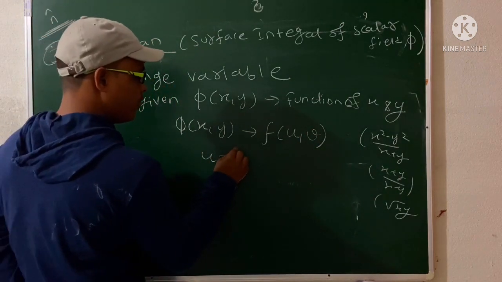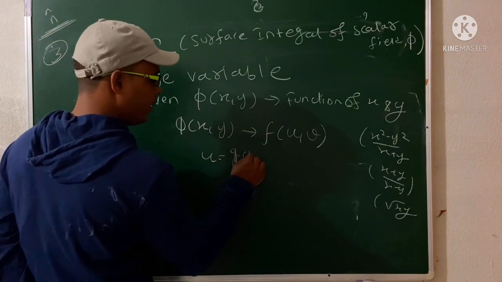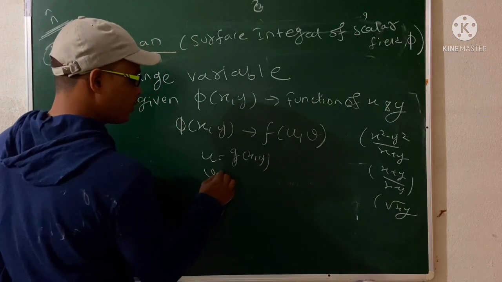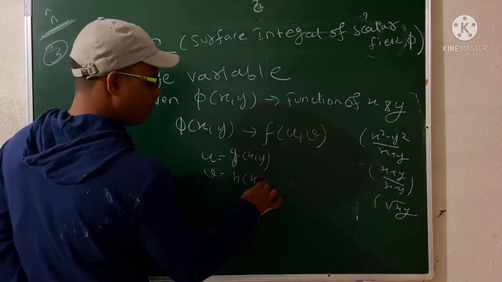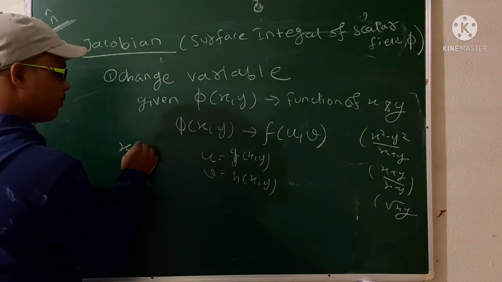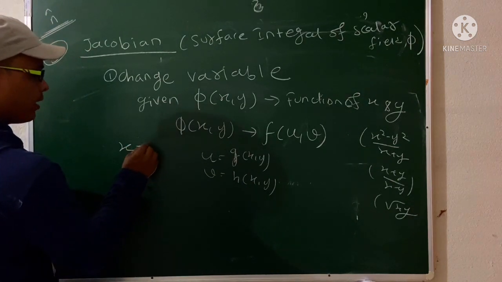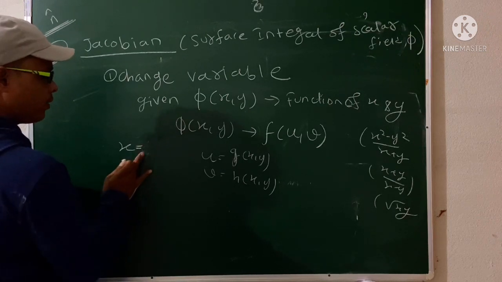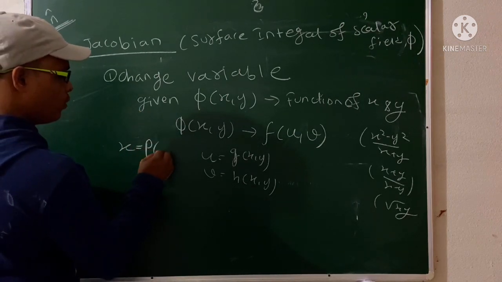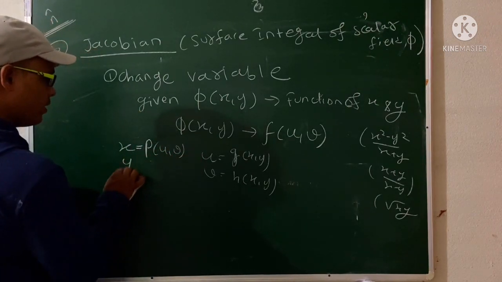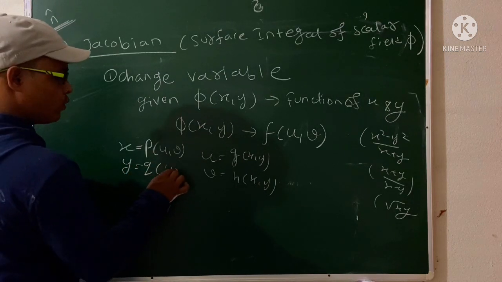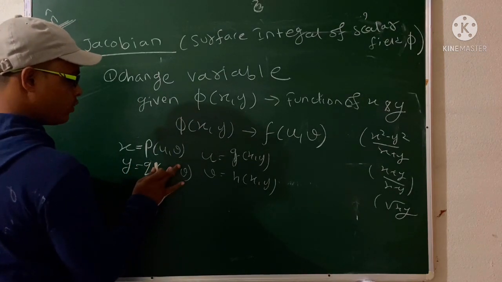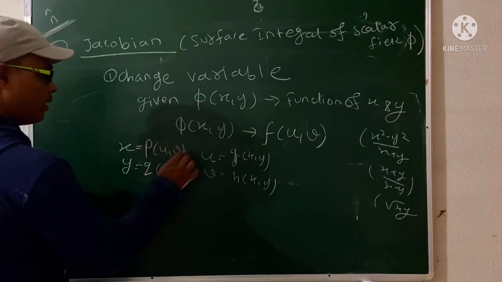Now u is a function of x and y, and v is a function of x and y. Or you can write x as a function of uv and y is a function of uv. You can choose either one of them, that is, choose the xy transformation or the uv transformation.